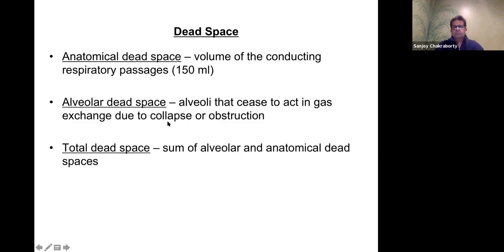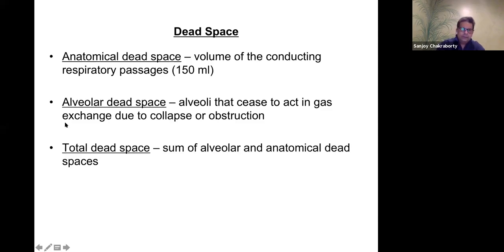Alveolar dead space. You have millions of alveoli in both lungs. Out of those millions, maybe some of them are collapsed or some of them are blocked. Some of them are not working. So obviously, the amount of air, no matter how tiny, that goes there is also not participating in the gas exchange process. We consider this alveolar dead space, meaning they are not participating in gas exchange.